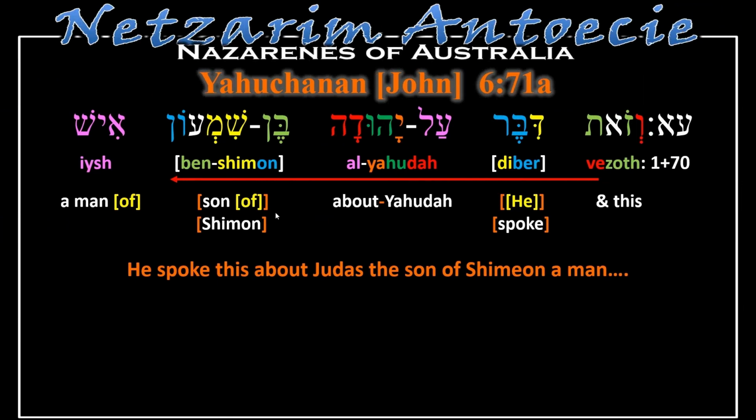And so, now we come to 71a, represented with the Ayin 70 and Aleph 1. Then we have Vav, Zayin, Aleph, Tav, Dalet, Bet, Resh, Ayin, Lamed, Yod, Hey, Vav, Dalet, Hey, Bet, Nun Sofit, Shin, Mem, Ayin, Vav, Nun Sofit, Aleph, Yod, Shin. So we read, Ve-zot, and this.